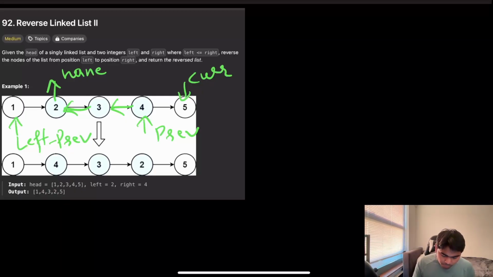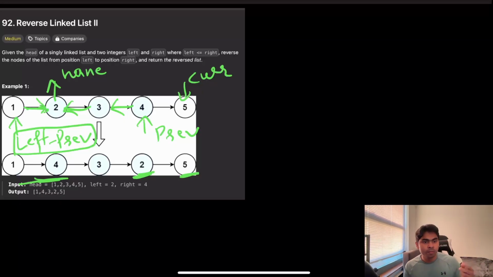So now I'll take this left previous. In the reversed linked list, it needs to point to 4. Currently 1's next pointer is still pointing to 2, and 2 right now needs to point to 5.